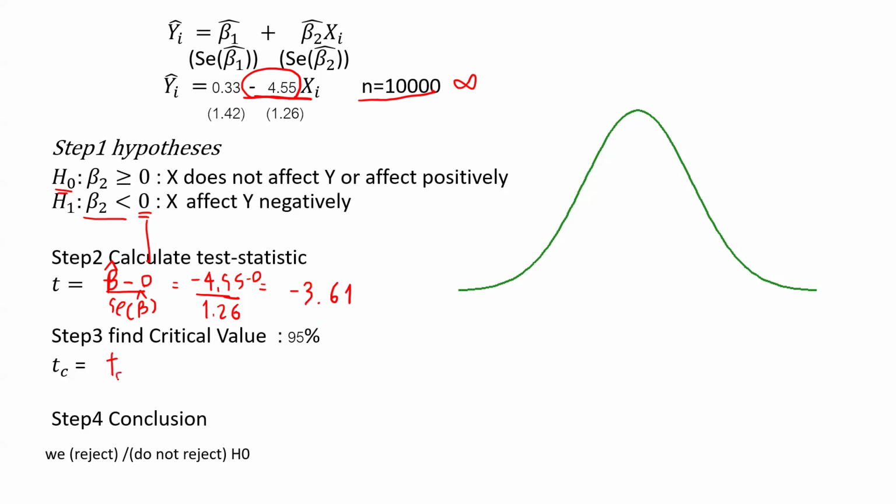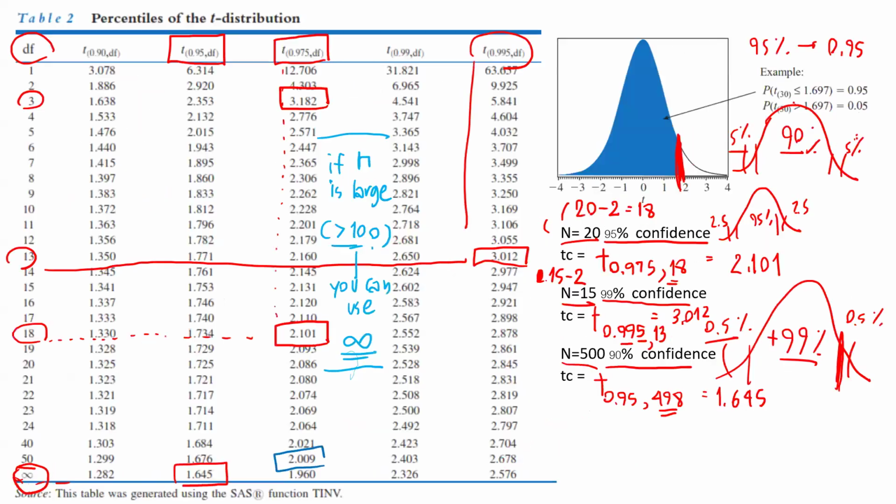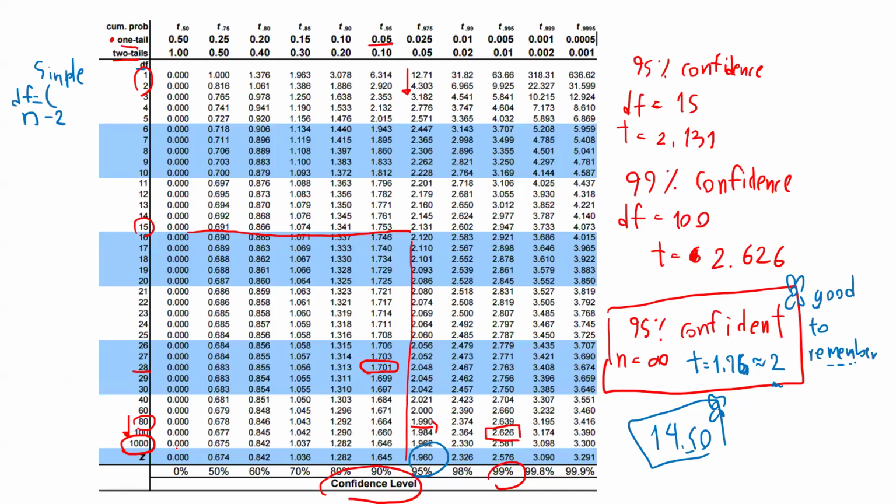So you have to open t 0.95 with infinity, one tail, sorry, one tail. And you get 1.645.